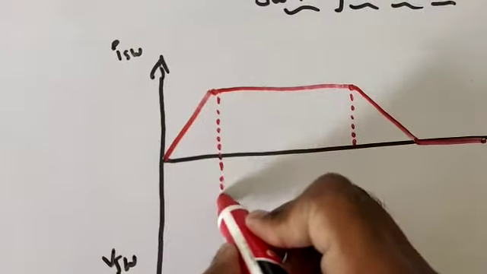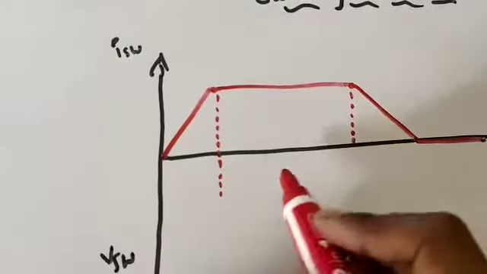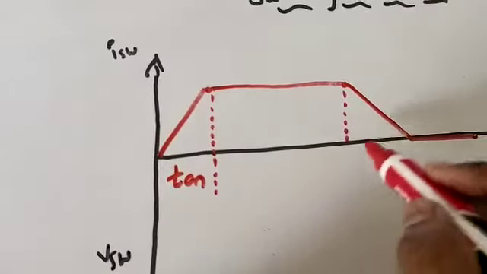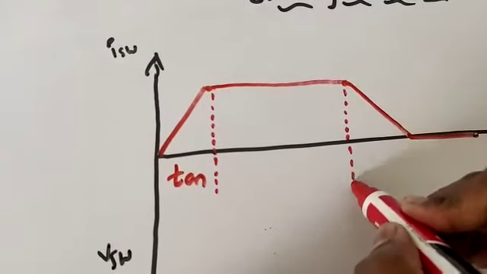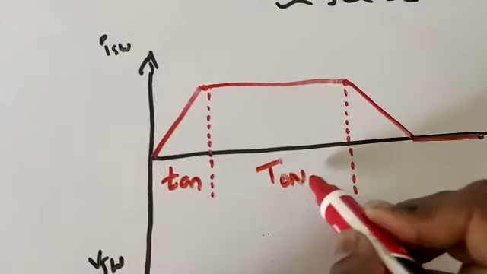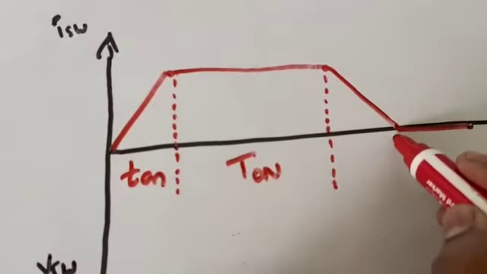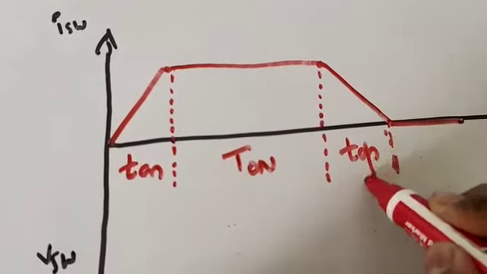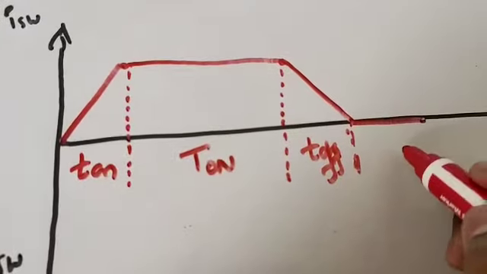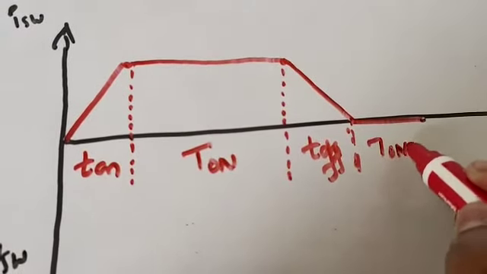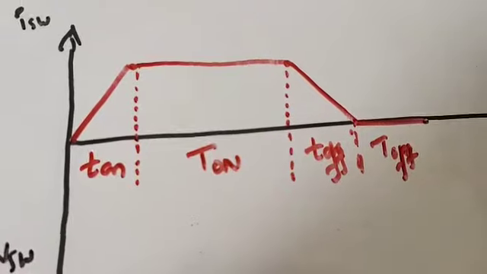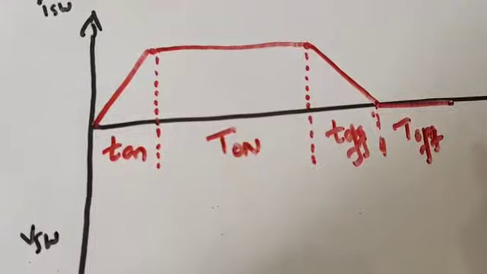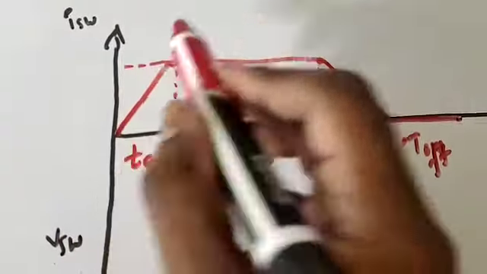This is the time, small t on, which is the time taken to turn on the switch, and this is the time that the switch is in the steady state on condition, and this is the time to turn off the switch. And this is the time in which the switch is in steady state off condition. The time during which the switch is under steady state off condition, you have to remember this, right?